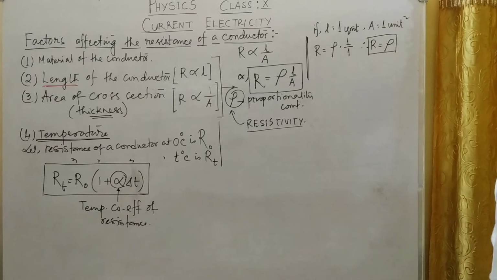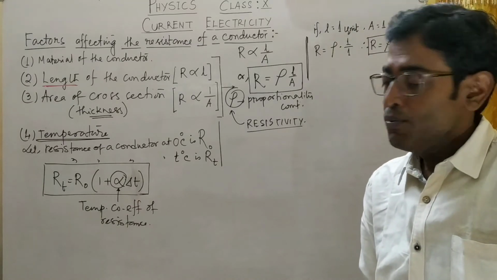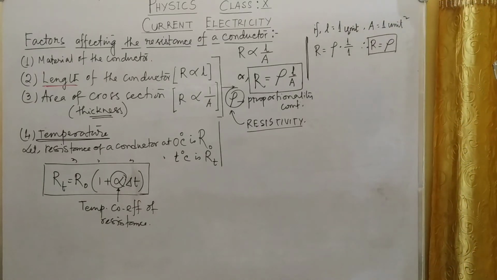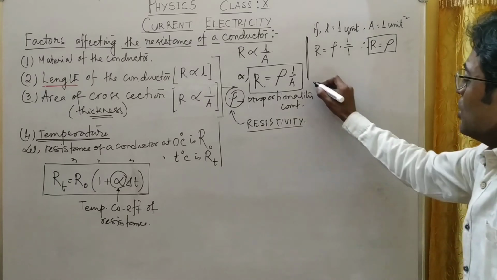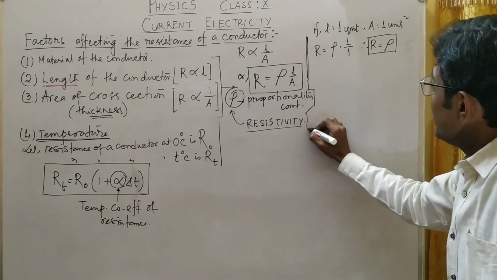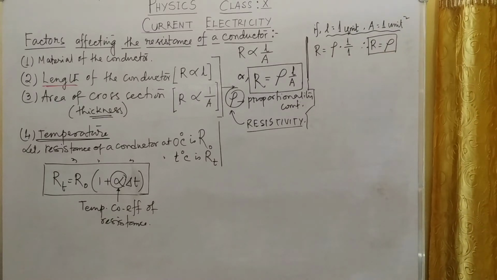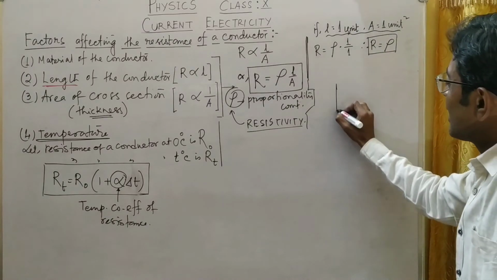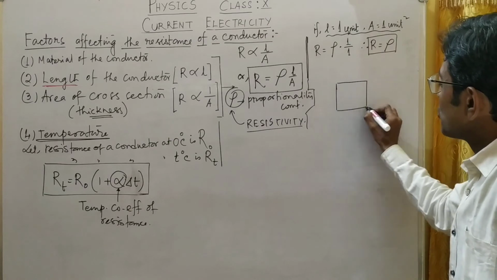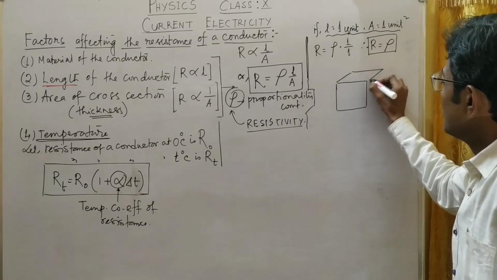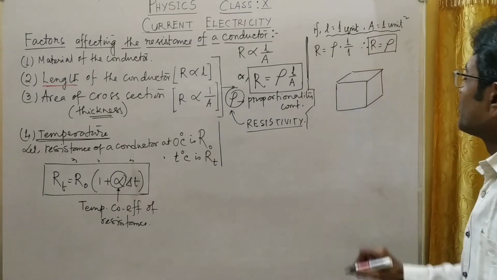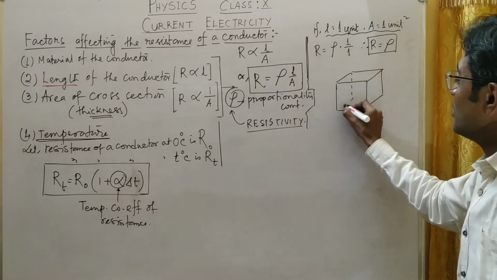Now let's frame the definition of resistivity. What is the meaning of this line? The length is 1. Let's see how it works. I am drawing a cube. This is the cube.